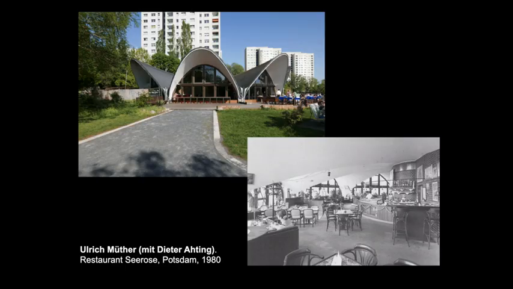This is the restaurant Seerose in Potsdam, and it's like the restaurant or the building we saw in Rostock. It's an addition to a residential settlement, quite in the center of Potsdam. He used the form you already know from the restaurant I showed you, designed by Felix Candela.